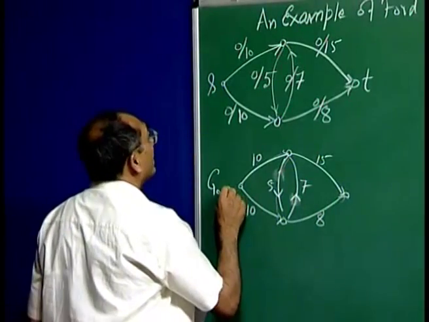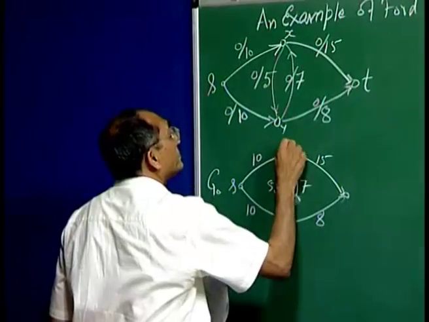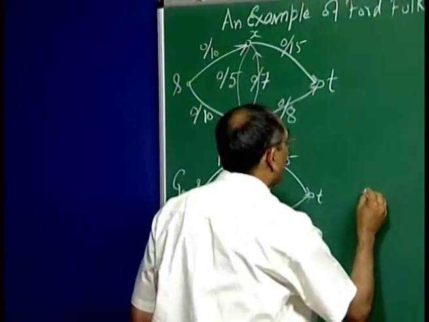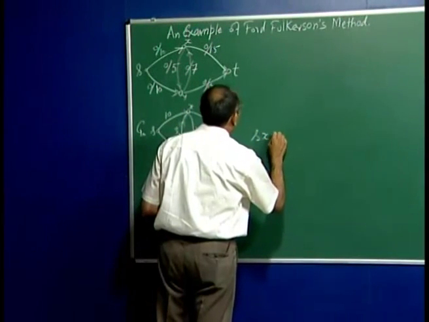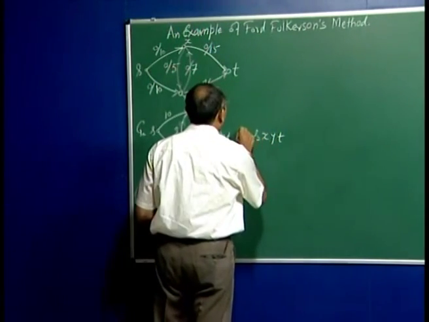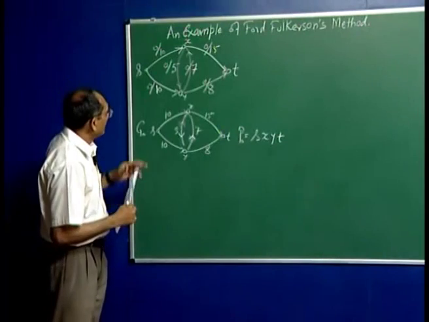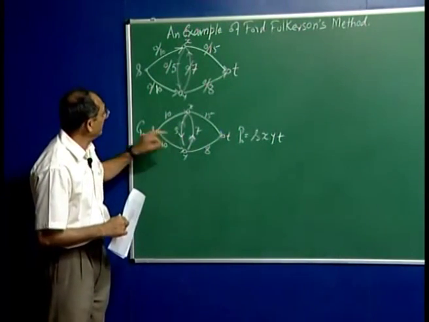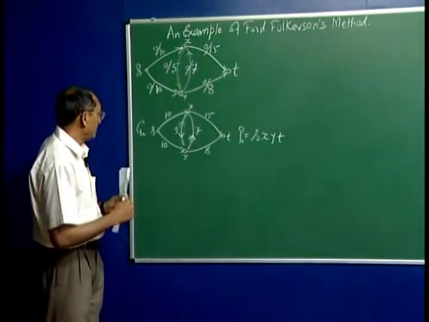So that would be S, say this is x and y, and t. So I choose my path to be S, x, y, t, path P naught. The minimum capacity on this path is 5, hence we can augment 5 units of flow on this.